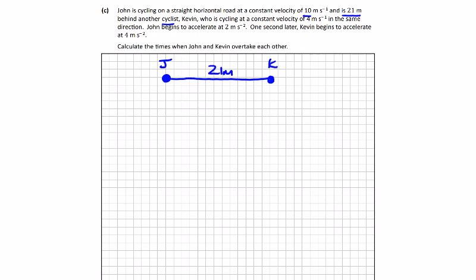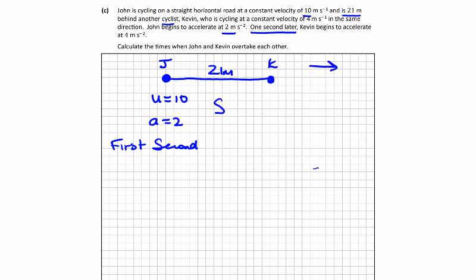John's initial velocity is 10, and he begins to accelerate at 2. Then 1 second later, Kevin begins to accelerate. Let's look at that first second. In the first second, both of them are moving in this direction.